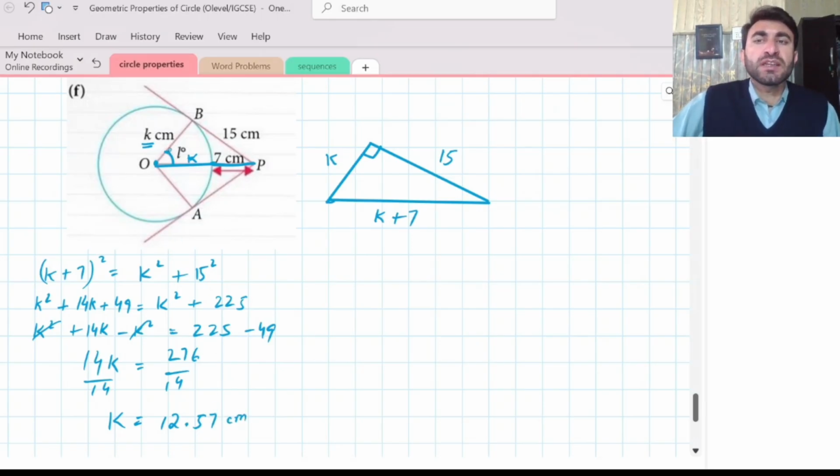Now in order to find the value of L over here, we can again use the tangent ratio, because we have figured out the value of the adjacent, which is 12.57.